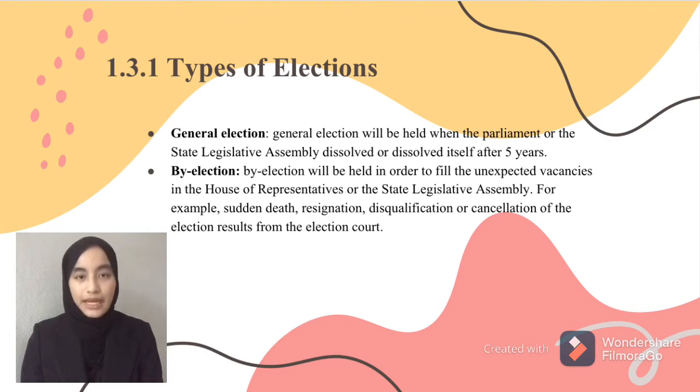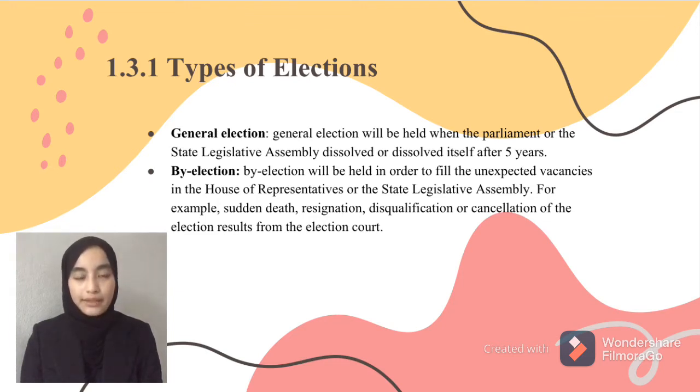The general election will be held if the Parliament or the State Legislative Assembly dissolves itself after 5 years. When the dissolution of the Parliament or the State Legislative Assembly happens, a general election must be held within 60 days. Next, by-election.